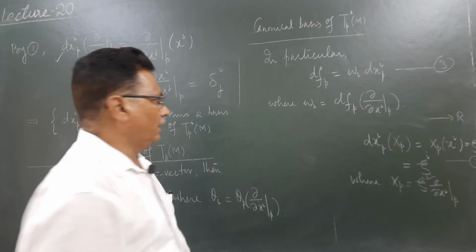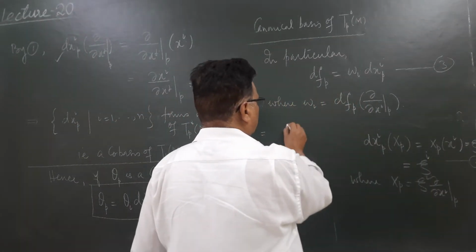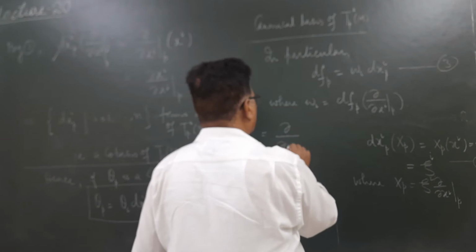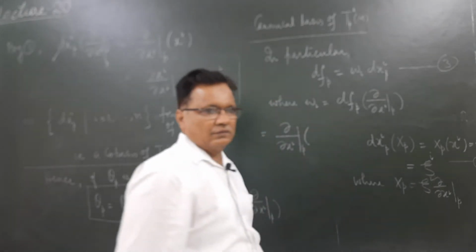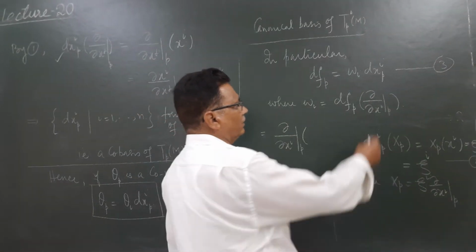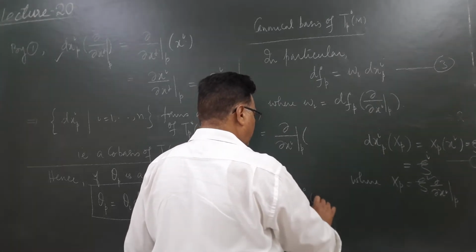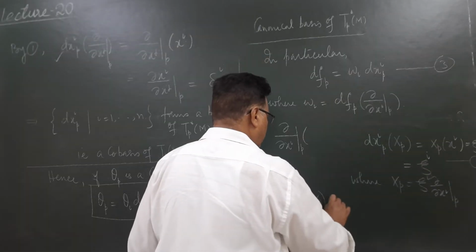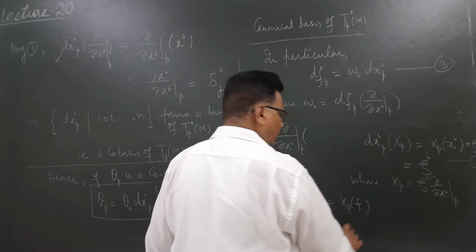Okay. Now by formula 1, the right hand side will become what? It is del upon del xi at p operating on, tell me, what does formula 1 tell us? dfp Xp is equal to what? It is equal to Xp f, isn't it?